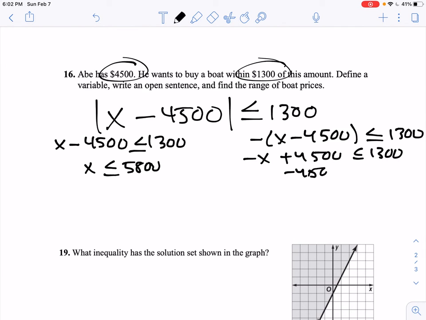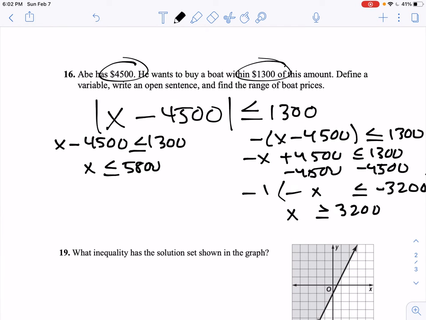Subtract the 4,500, and that's going to give you a negative number over there, but don't freak out because we're going to take care of that in a second. That's going to give you negative 3,200, but we have negative x. And so we're going to multiply this whole thing by negative 1, and when we do that, it'll make everything positive, and it turns that sign around.